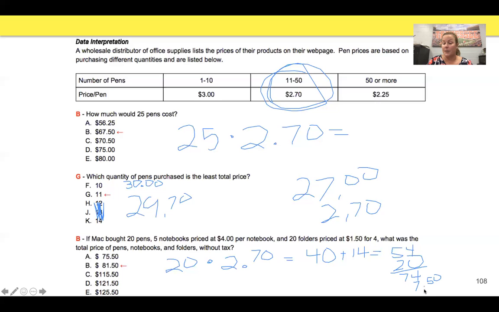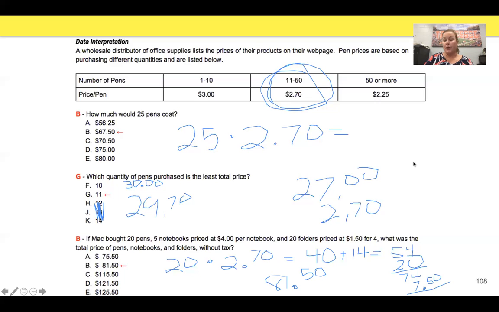And you can see that's going to give me the total of $81.50. Yay, very good.